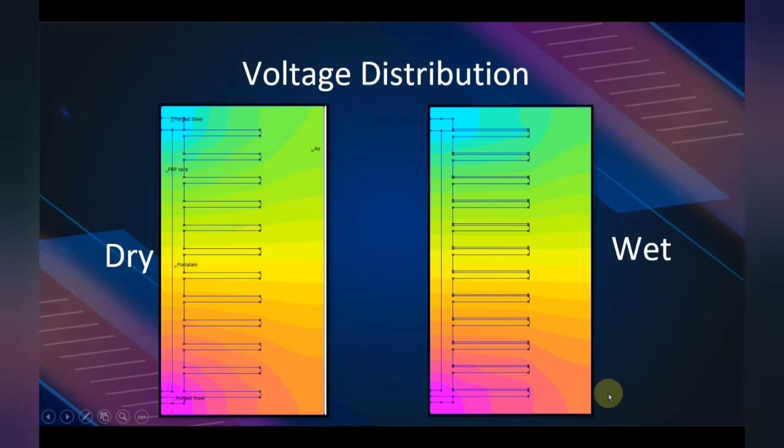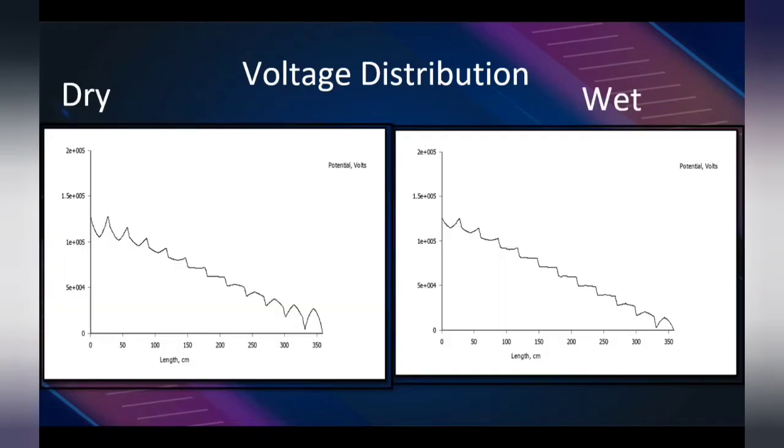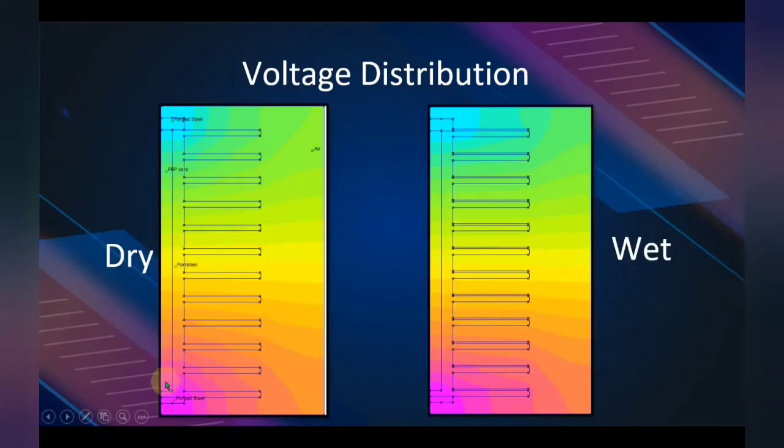So next is the voltage distribution. How we get this is we take the circumference, the perimeter of our insulator.